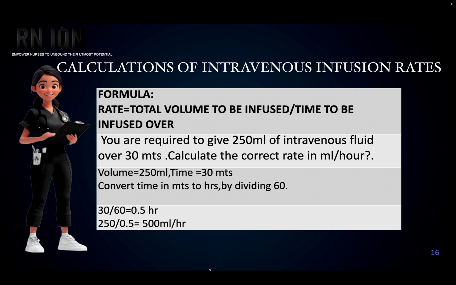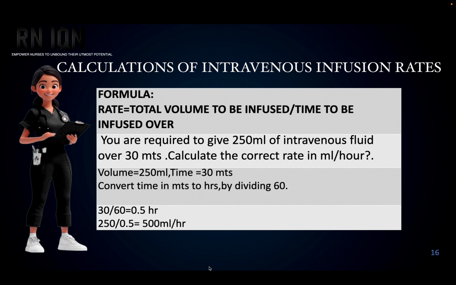I repeat, to calculate the infusion rate in ml per hour, we use the formula: total volume to be infused divided by time in hours. If the time is given in minutes, first you have to convert it to hours by dividing by 60. Let's look at an example to understand this better.